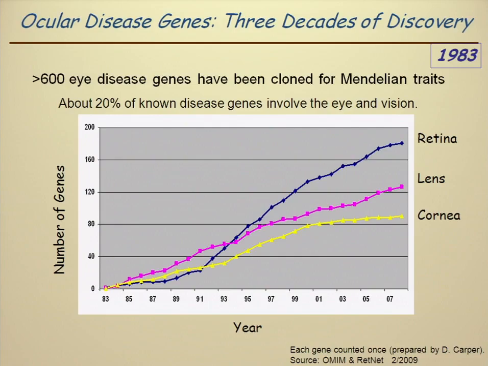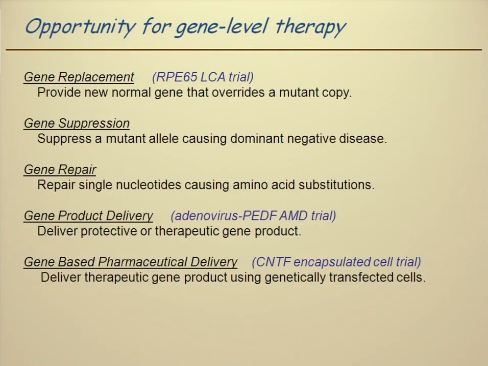In fact, still about 20% of the identified human disease genes involve the eye and vision. So when we have all of these hundreds and hundreds of genes, what difference does it make? Well, we, medicine, science, vision research, are now embarking on the new frontier of addressing these problems at the gene level.